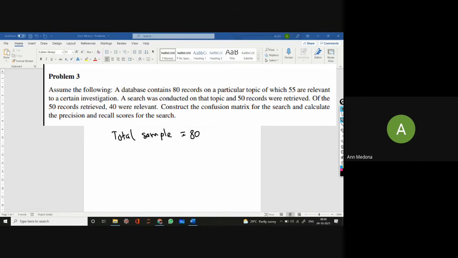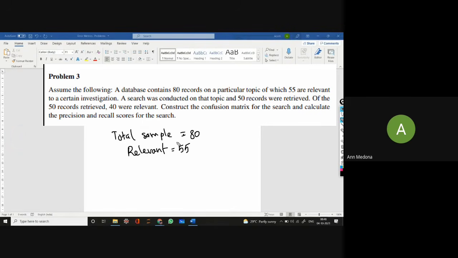So here you can conclude that out of 80 samples, relevant records are 55. So the remaining records are non-relevant or irrelevant. You can consider our classification task consists of two categories: relevant or irrelevant. If 55 are relevant, the remaining 80 minus 55 will be irrelevant data. That's what you can write from this given data.